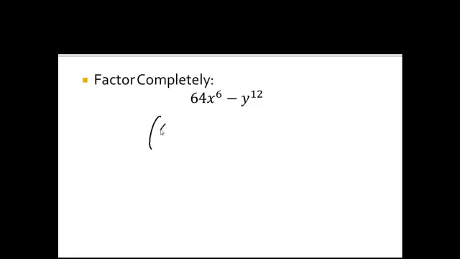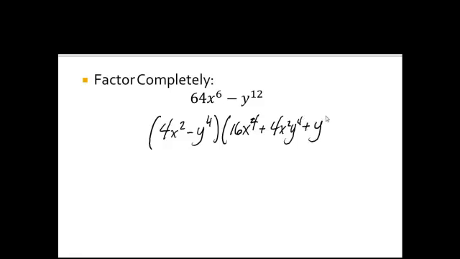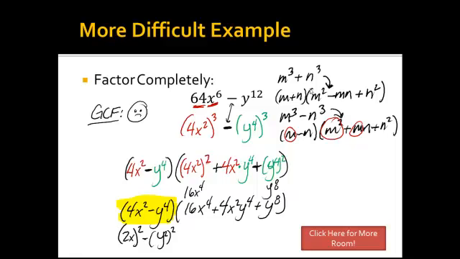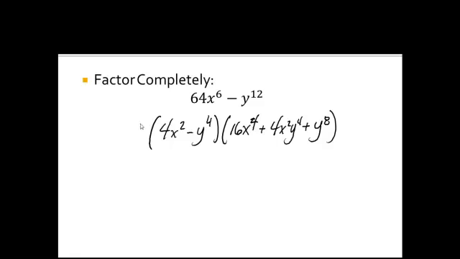And so, as I left off, I had 4x squared minus y to the 4th, 16x to the 4th plus 4x squared y to the 4th plus y to the 8th. Is that right? Yeah, cool. Kept going. Alright, so, as I said before, this right here is technically 2x squared minus y squared squared.